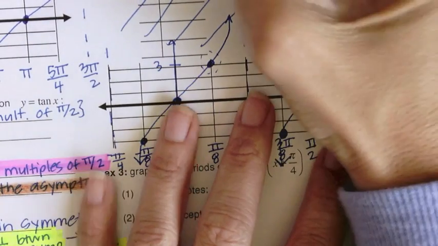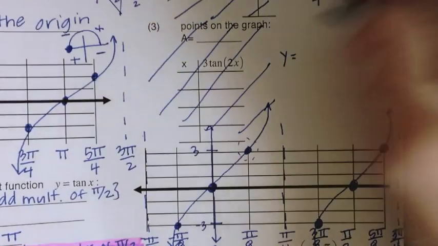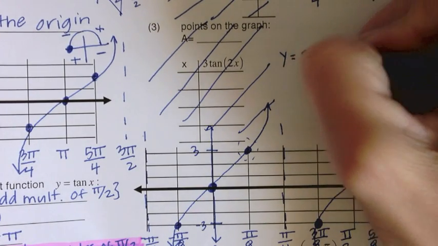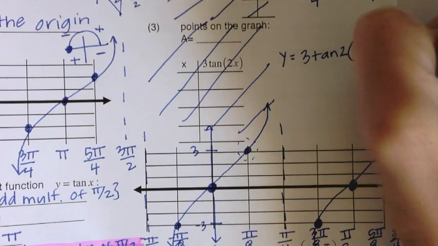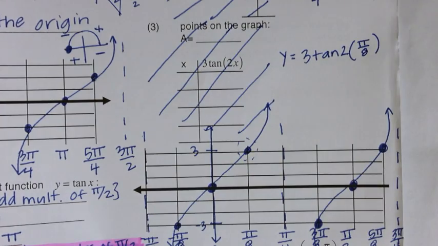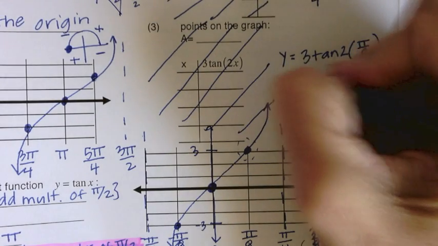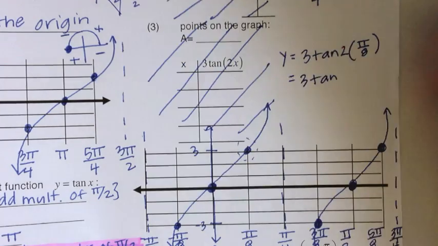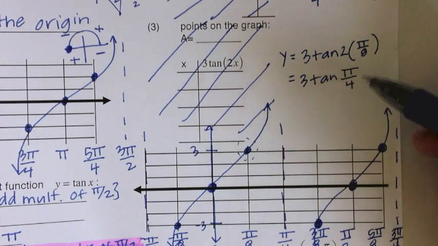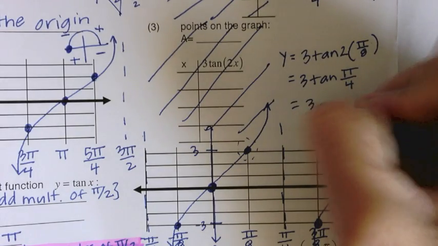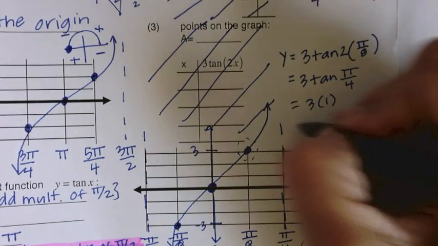If I take that and I plug it in, so I'm going to take the pi over 8 and plug it in to my equation, and then 2 pi over 8 simplifies to pi over 4. The tangent of pi over 4 simplifies to 1, and that's 3.